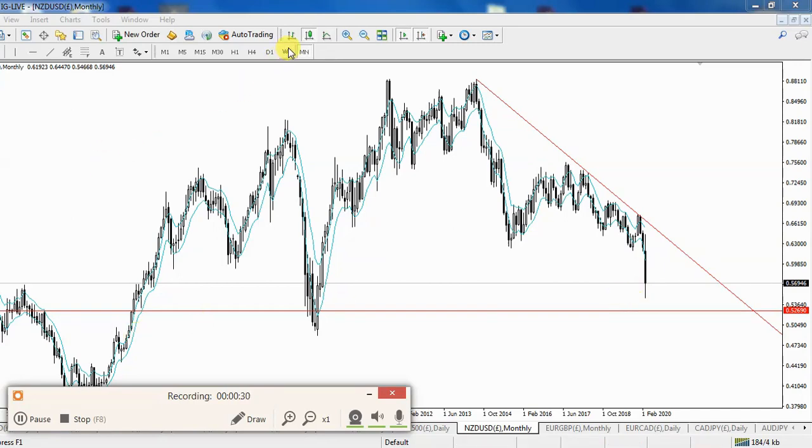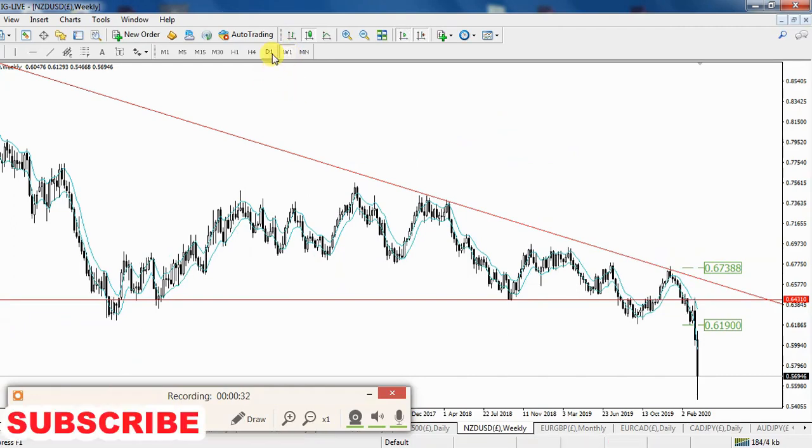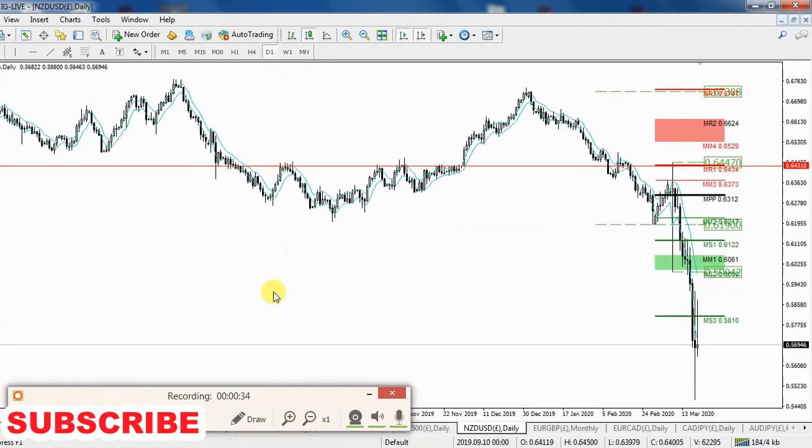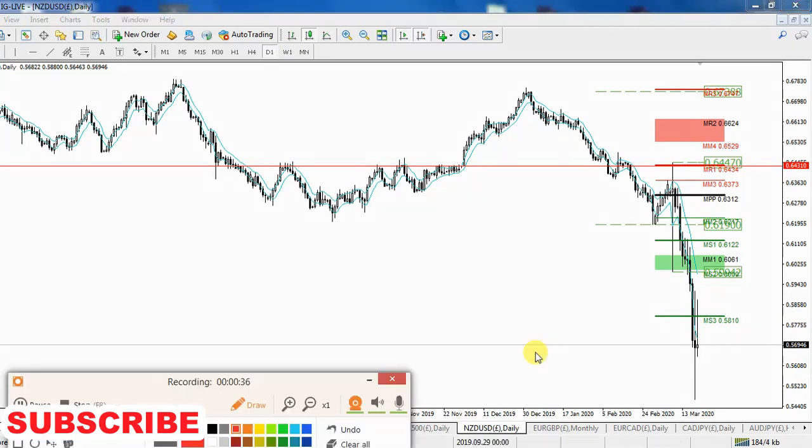If we go to a shorter time frame, drilling down to the daily, we see these two candles, and I don't really like when the price makes these candles. Yesterday it left this inverted hammer, and the day before on Thursday it left this spinning top.